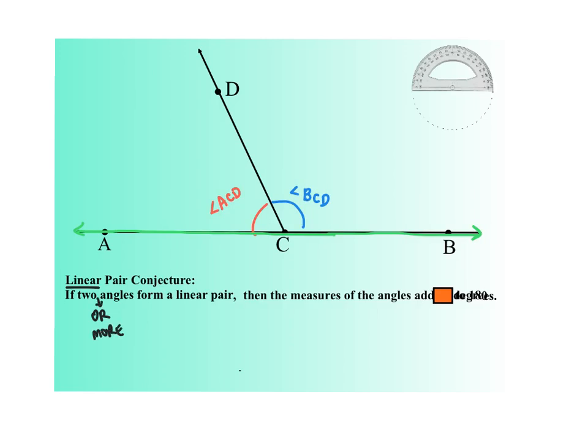So if two, and we could say or more, angles form a linear pair, or pairing, or grouping, then the measures of the angles add up to 180 degrees. So we could say then that the measure of angle ACD plus the measure of angle BCD would add up to 180 degrees.